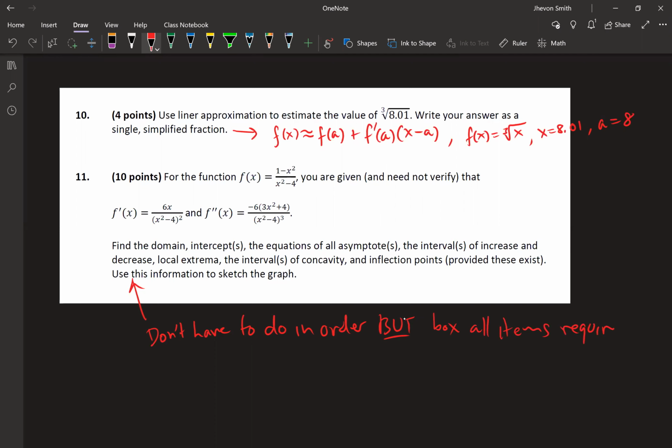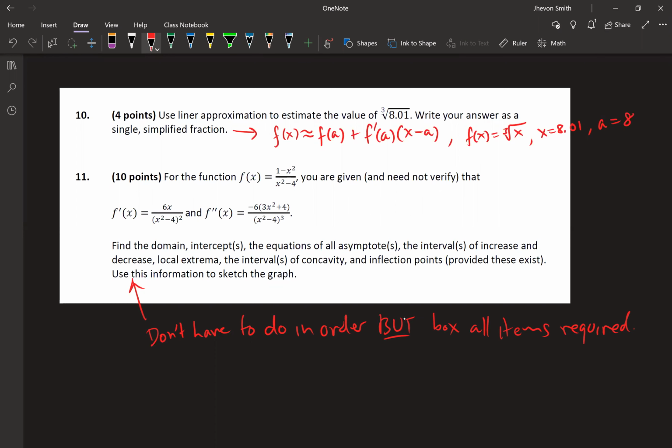So whenever you find the domain, make sure you draw a box around it. Whenever you find the asymptotes, draw boxes around them. So I can know that you're hitting all the points. So even if you don't do it in order, just make sure that you're indicating, okay, this is my answer for this part, this is my answer for that part. And then do the graph.